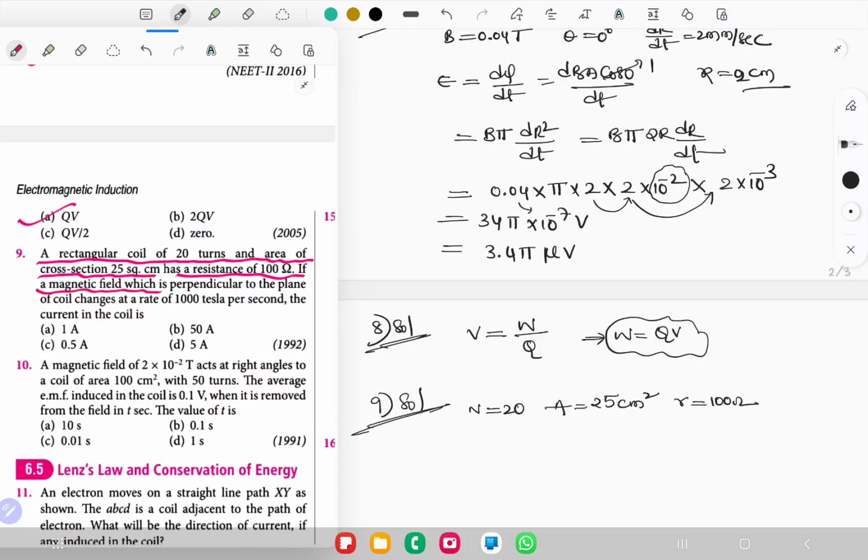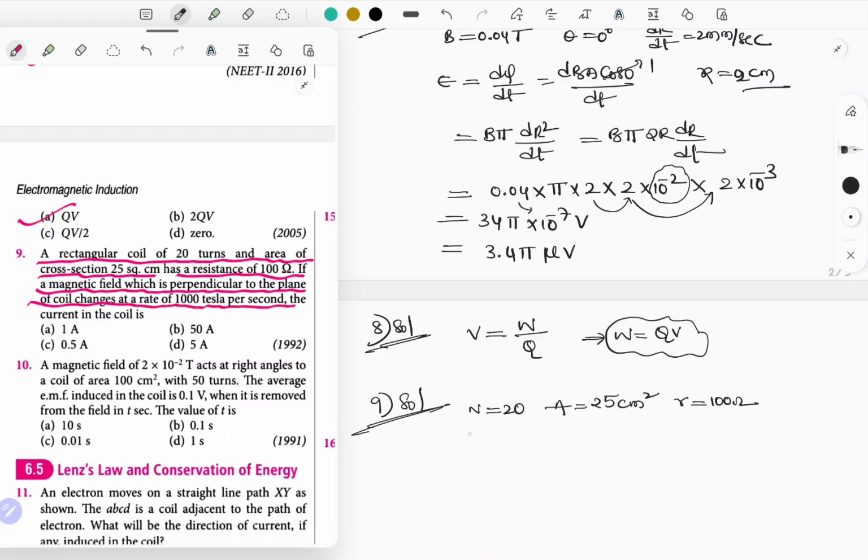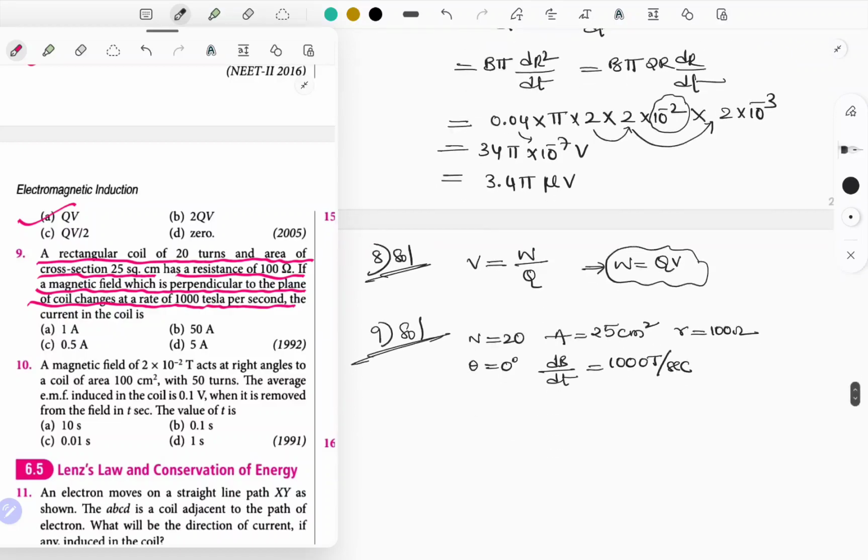If magnetic field which is perpendicular to the plane of the coil changes at the rate of 1000 Tesla per second, they said magnetic field is perpendicular to the plane of the coil in the sense theta is equal to 0 degrees, and magnetic field is varying with respect to time as 1000 Tesla per second. Now the question they're asking is current in the coil.